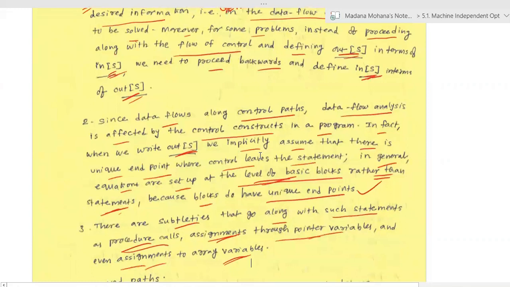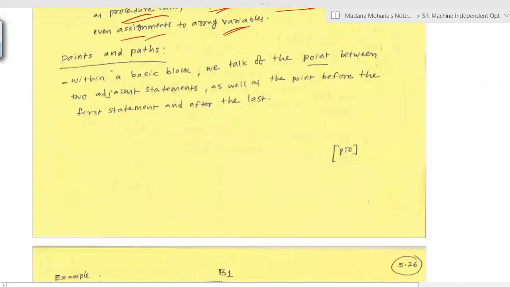Now, how do we define points and paths in a flow graph? With respect to a basic block, we talk of the point between two adjacent statements, as well as the point before the first statement and after the last statement.